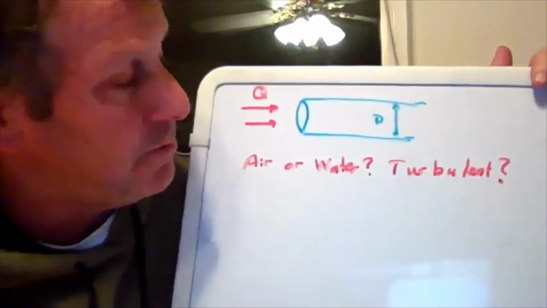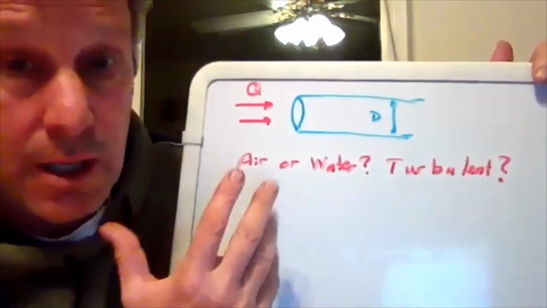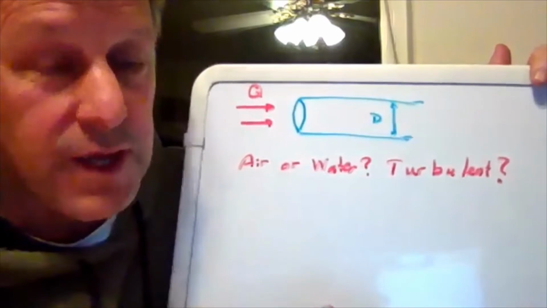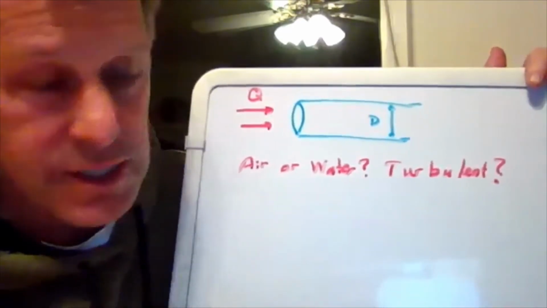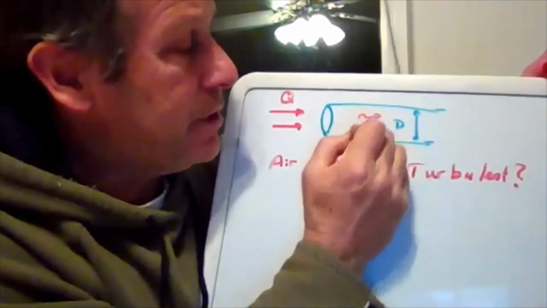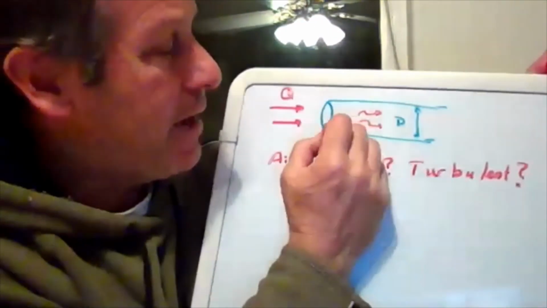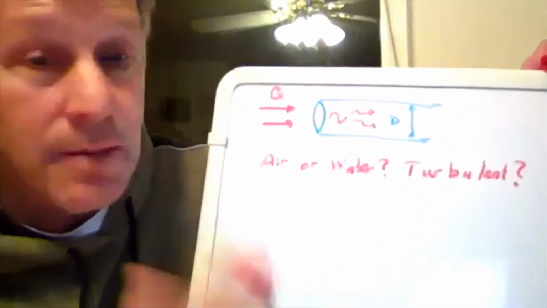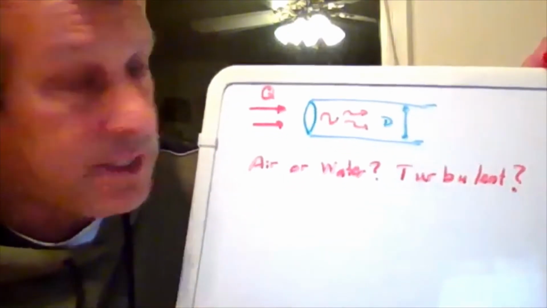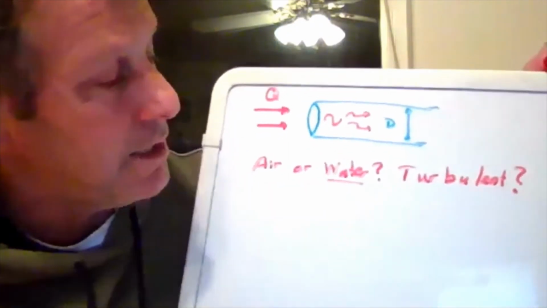Well, a lot of people's intuition is the air. Viscosity prevents turbulence. Air is low viscosity. It's a lot more likely that we're going to get air jiggling around, etc., and having a sort of swirling type motion than we are water. That's our intuition. But it turns out that it's going to be the water that's more likely turbulent.